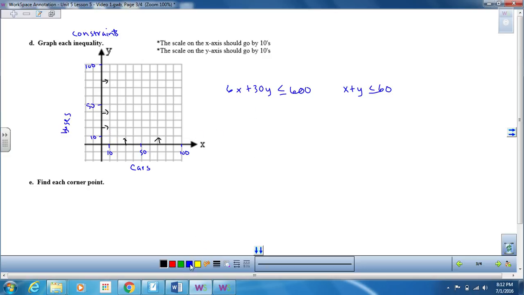Okay, so back to this one. If I want to find my x-intercept, then I cover up y. So 6x, and I'm just using equals for now to find the intercepts. So divide by 6, x equals 100. So I have the x-intercept of (100, 0). And then y-intercept you cover up x, so 30y equals 600.